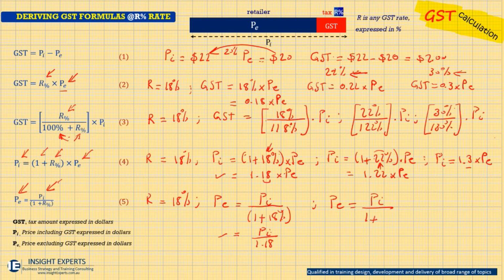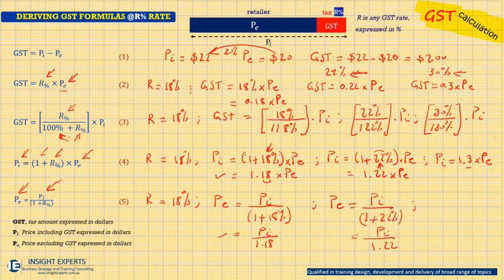Now let's look at this example where the tax rate is equal to 15%. Let's go ahead and reflect that tax rate right across the board and see what the formulas look like at that rate. Starting with formula number 1, well, formula number 1 doesn't change. This is simply because, as I said before, the tax rate is not part of Formula 1.